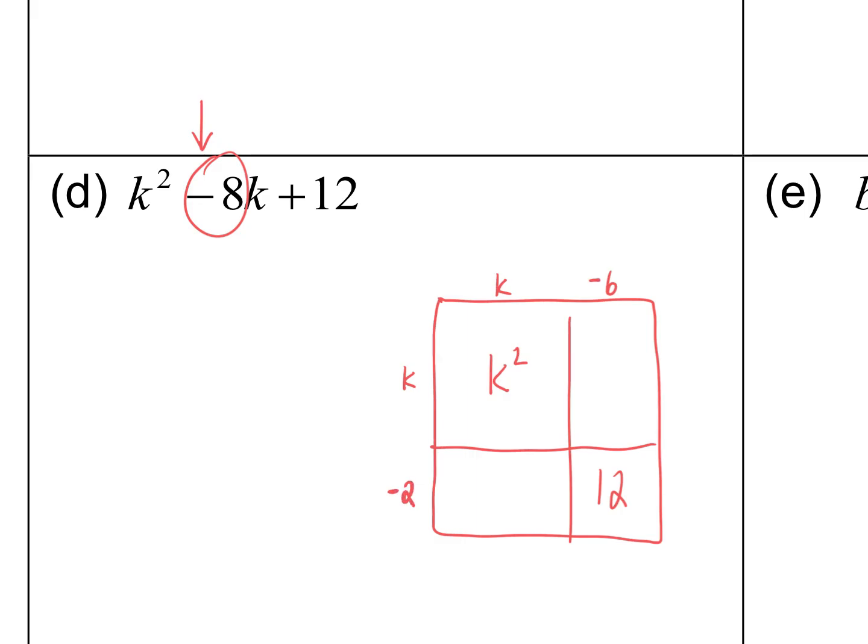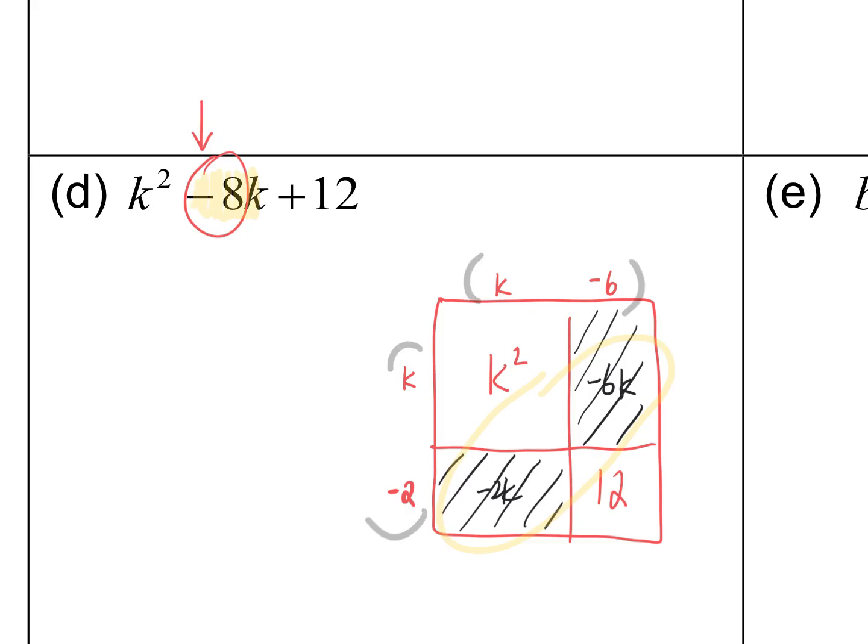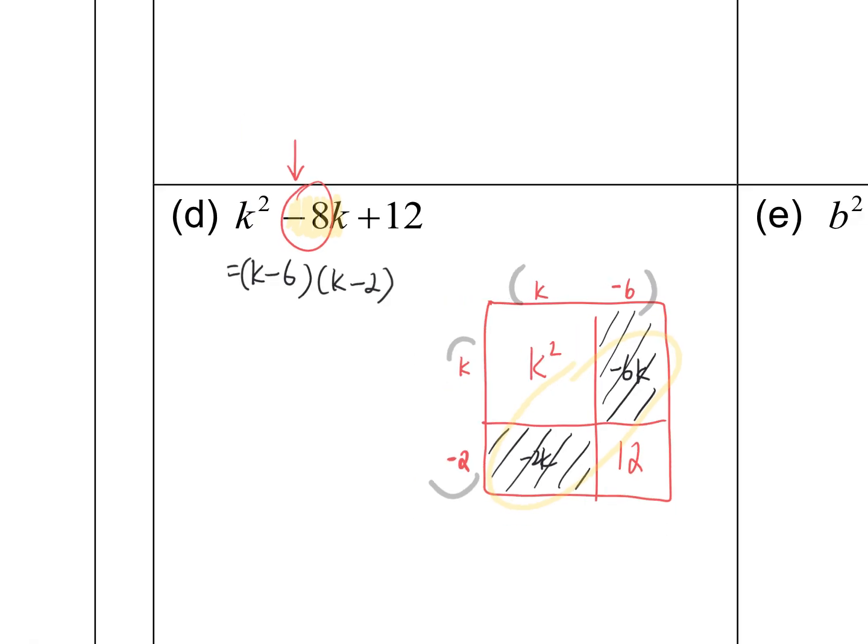Then this will give me minus 6k. This will give me minus 2k. And they add up to the number I want. Then my factors would be k minus 6 and k minus 2. Okay, so when it's negative, you just need to think whether you need to put in negative numbers or not. Okay, so E, F, G, H, your homework.